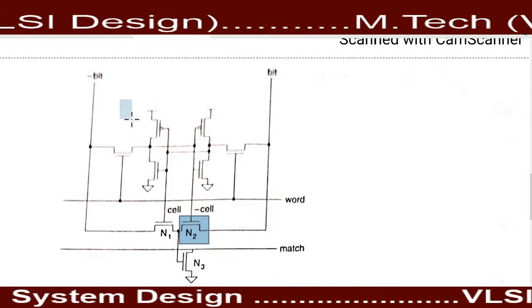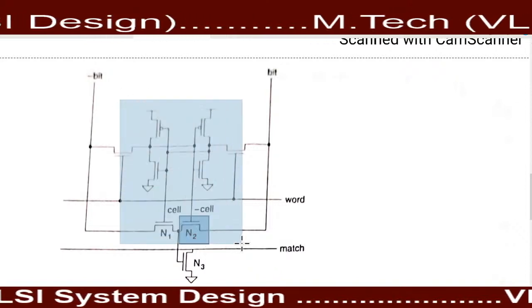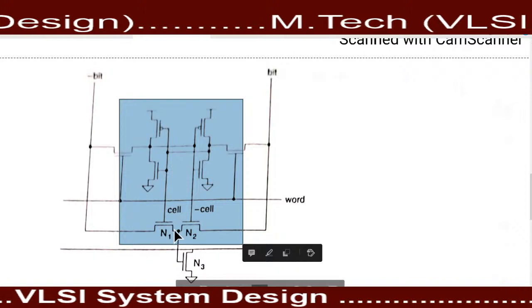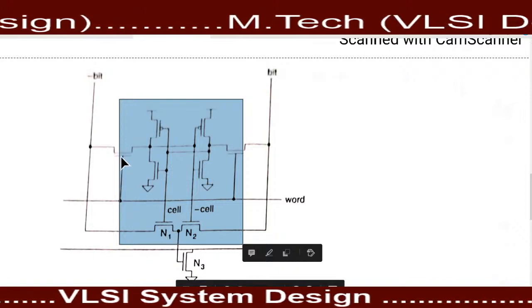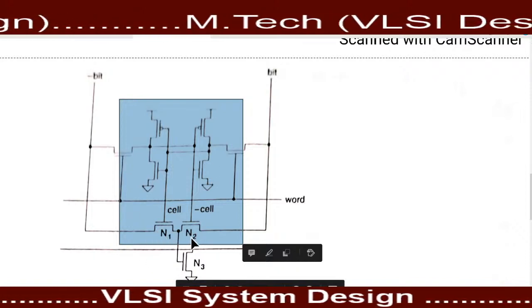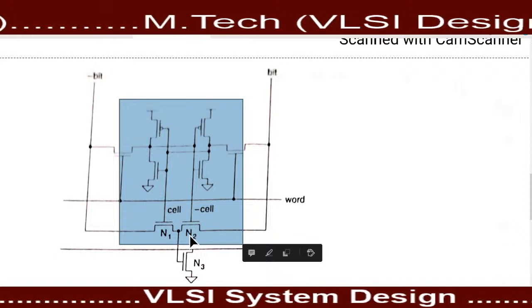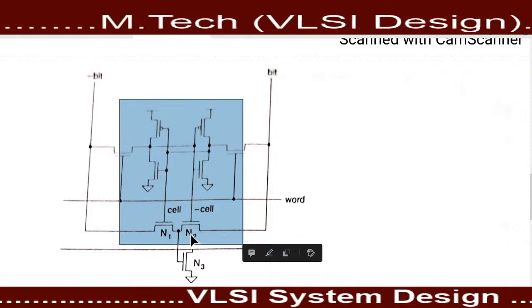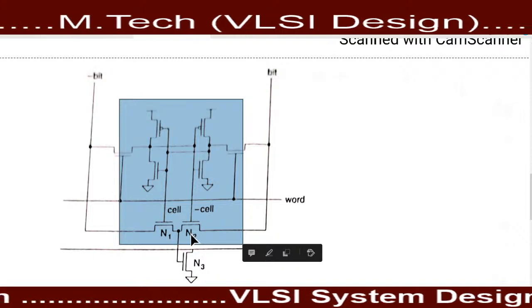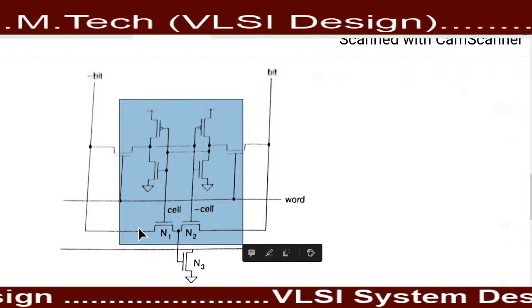Now the combination of two inverters along with the access transistors and N1 and N2 makes a gate known as the XOR gate.